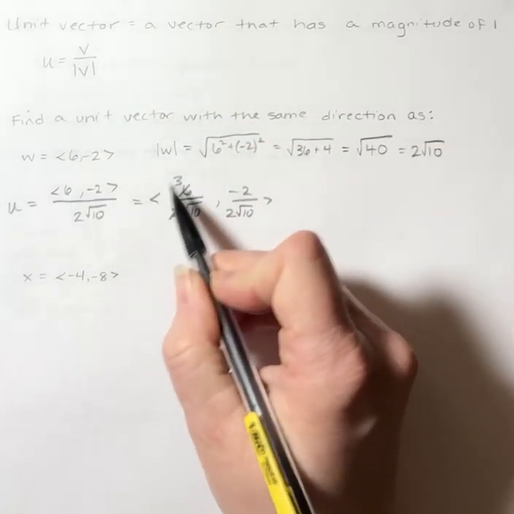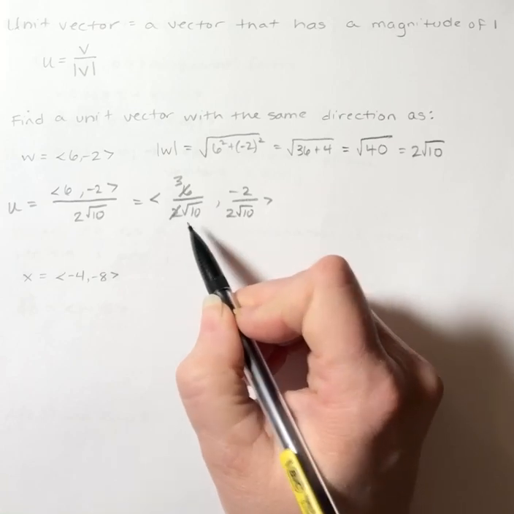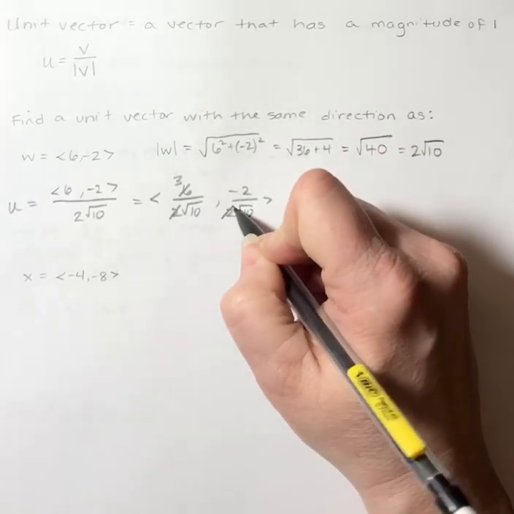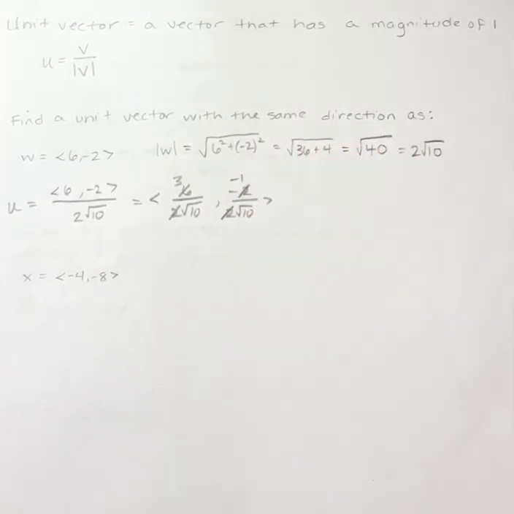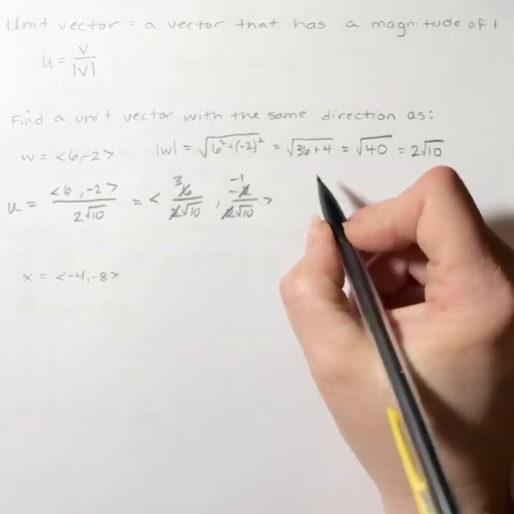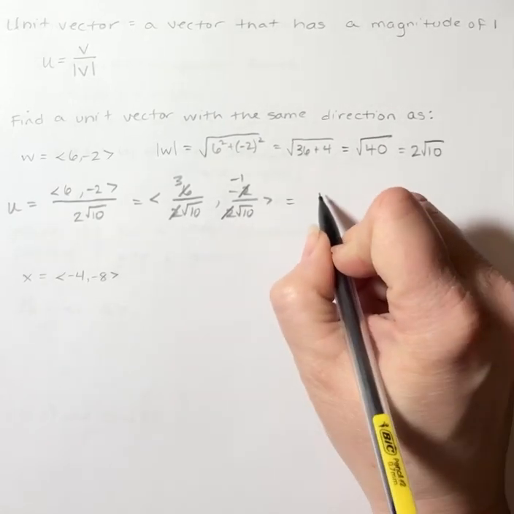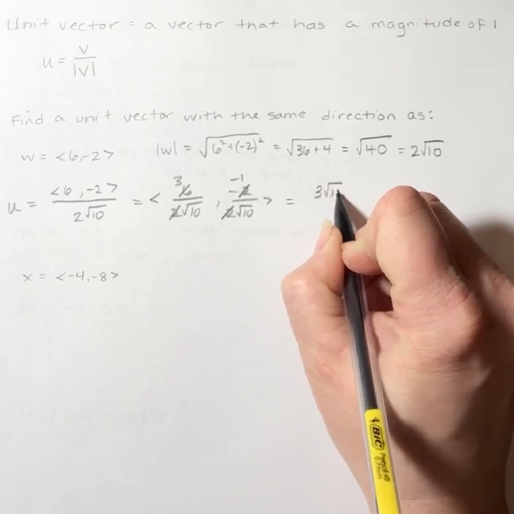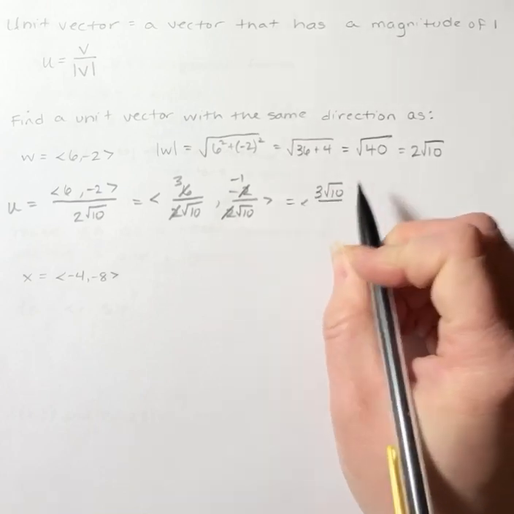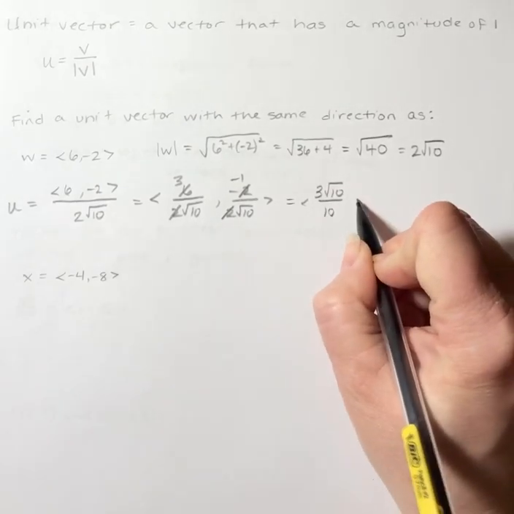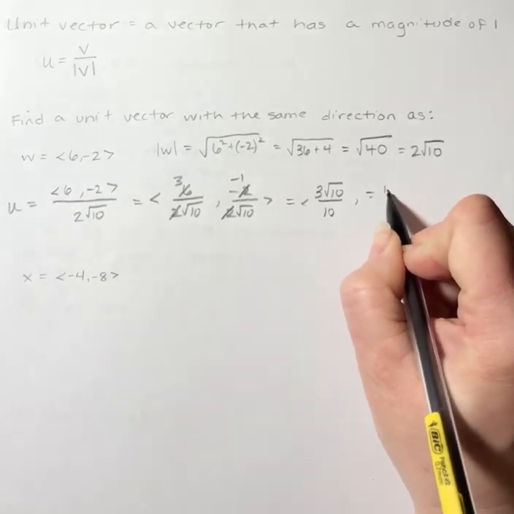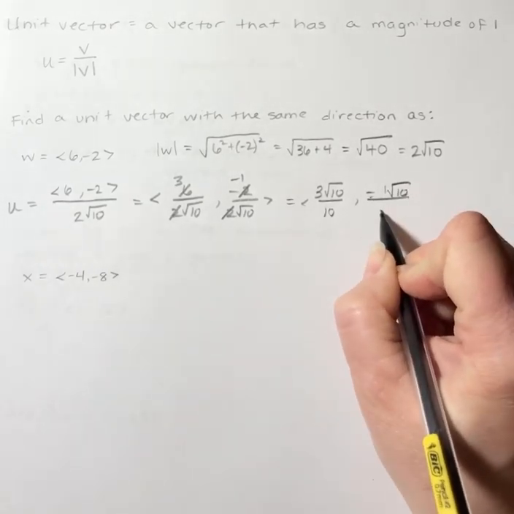And then I have to multiply by the square root of 10 over the square root of 10 to rationalize my denominator. And here, negative 1, the 2 cancels. I'm left with a negative 1 on top. And again, I have to multiply by square root of 10 over square root of 10 to rationalize the denominator. So my final answer would be 3 square roots of 10 over 10 and negative 1 square roots of 10 over 10.